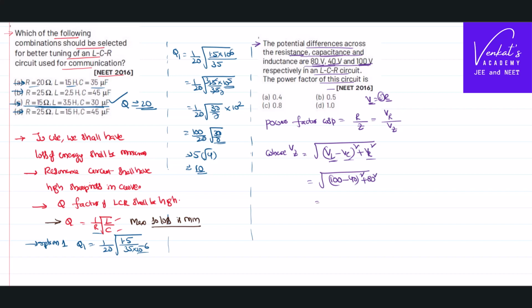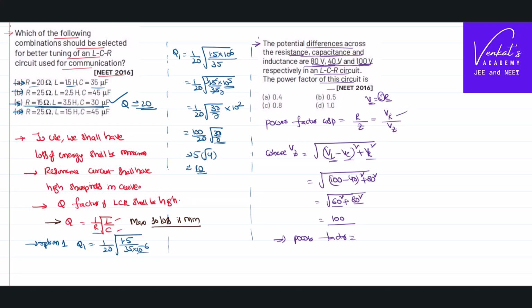That is square root of 60 square plus 80 square. 60 square is 3600, 80 square is 6400, that is root of 10,000, and the square root of 10,000 is equal to 100.